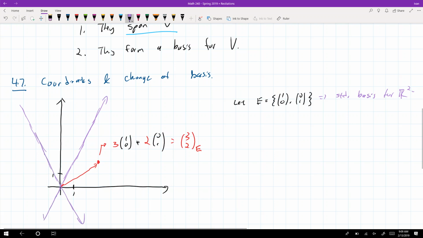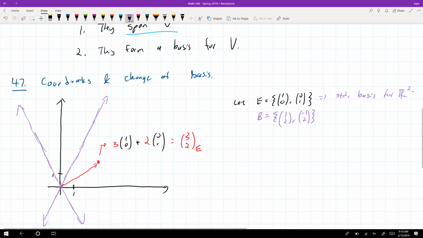We'll define this basis to be B, and the vectors that describe this basis are (1, 2) and (-1, 2). But now the question is the following. What are the coordinates of this point with respect to my new basis?